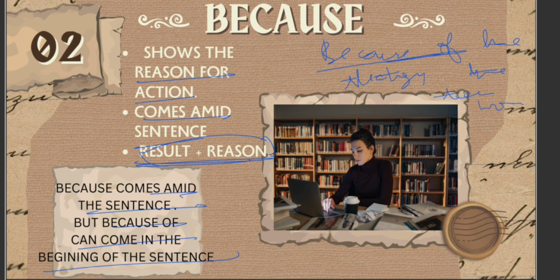It is coming at the start of the sentence and it also shows a reason. Okay, but when we are using because, it would be the team won because of strategy. Okay, I hope you guys are getting the difference.